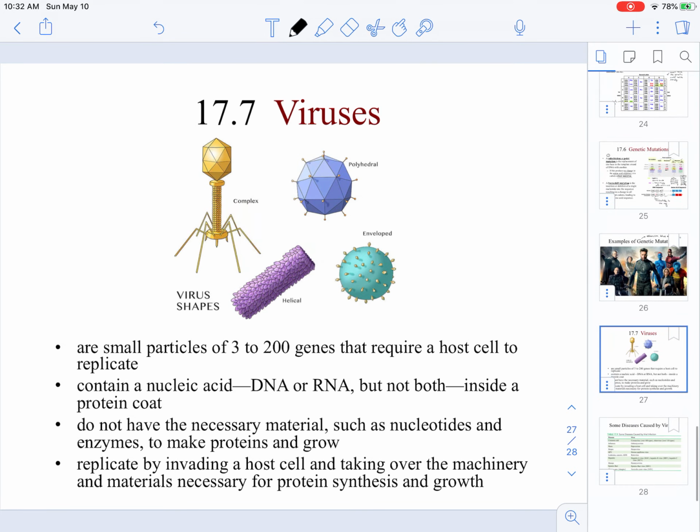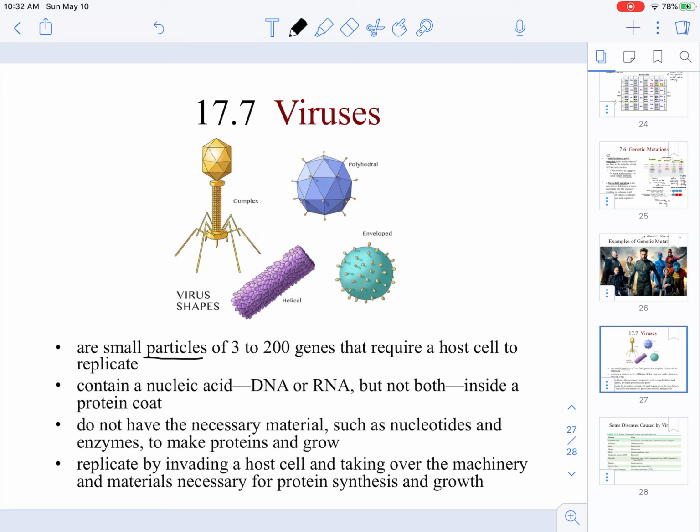The next thing that we're going to talk about is viruses, okay? And in these times with the pandemic, understanding viruses is very important. Understand that viruses are not an organism. Viruses are known as particles, okay? And inside of them, they have from 3 to 200 genes.